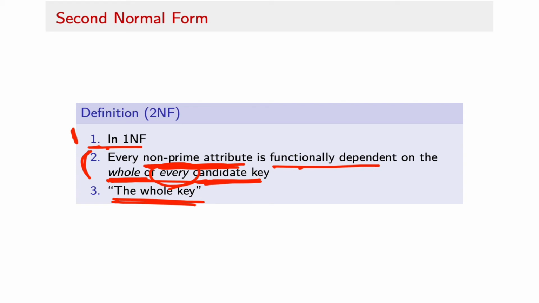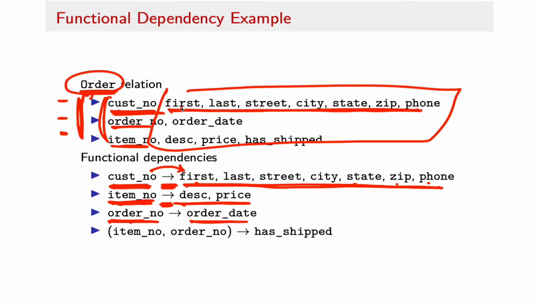So by the definition, every one of those non-prime attributes has to be functionally dependent on the whole of every candidate key. Well, these ones, first, last, street, city, state, zip, phone, are certainly dependent on customer number, the candidate key, right? That's what's expressed by this functional dependency.